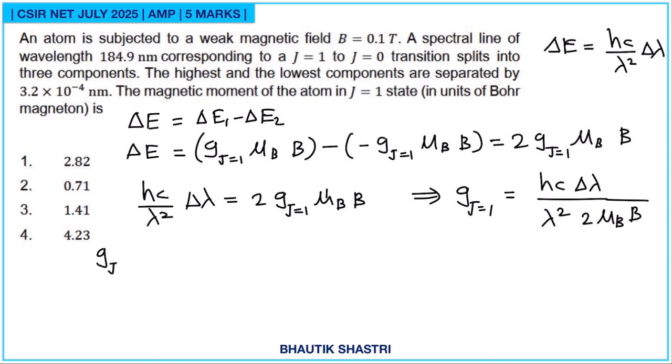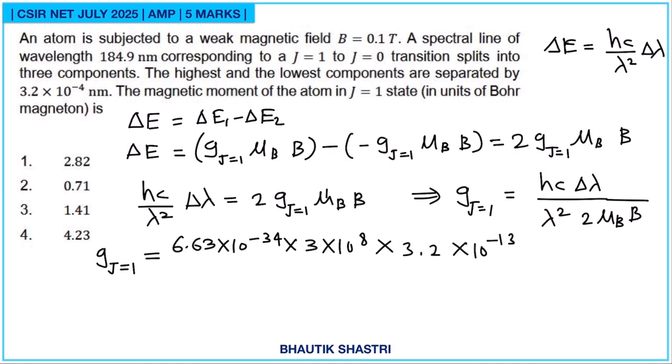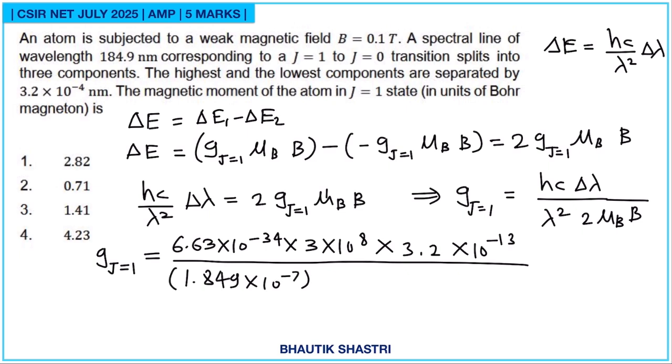So G for j is equal to 1 is equal to, H is 6.63 into 10 to the power minus 34 into C is 3 into 10 to the power 8, delta lambda is 3.2 into 10 to the power minus 4 minus 9, so minus 13, upon lambda square, which is 1.849 into 10 to the power minus 7 square into 2 into mu b is 9.274 into 10 to the power minus 24 and b is 0.1.